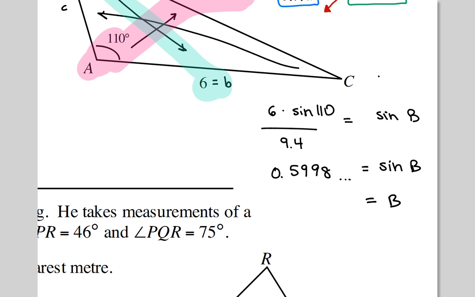There's one more step. How to isolate B if it says sine B? Not shift. Yes, shift on the calculator, but what math word would we use? Not second function, but starts with I. Inverse, good.